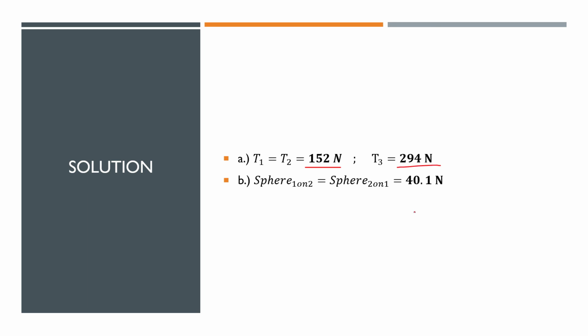It's 294. When it comes to the force of sphere 1 on 2 and sphere 2 on 1, we talked about how these are equal in magnitude but opposite in direction due to Newton's third law. And the magnitude of these forces is that 40.1 newton number. And that is the answer for that.